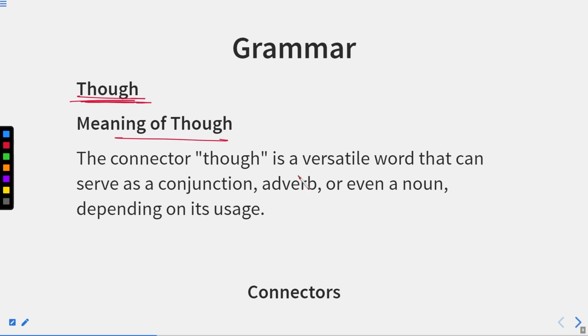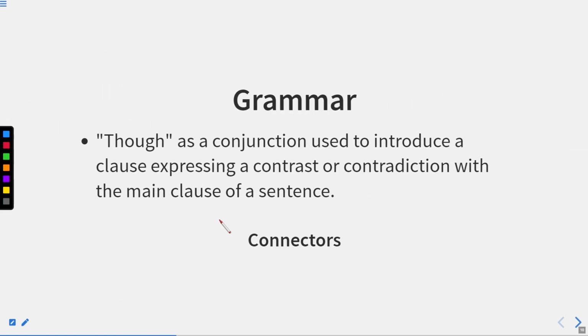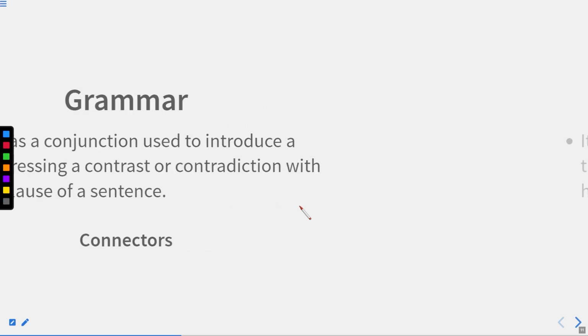The connector though is a versatile word that can serve as a conjunction, adverb, or even a noun depending on its usage. Though as a conjunction is used to introduce a clause expressing a contrast or contradiction with the main clause of a sentence. It means whenever we use though, we have two statements and one statement contradicts the previous statement.